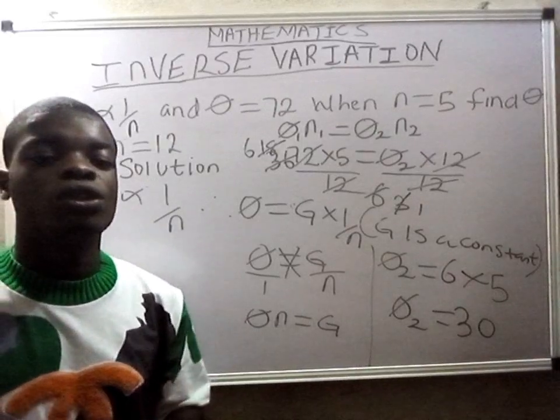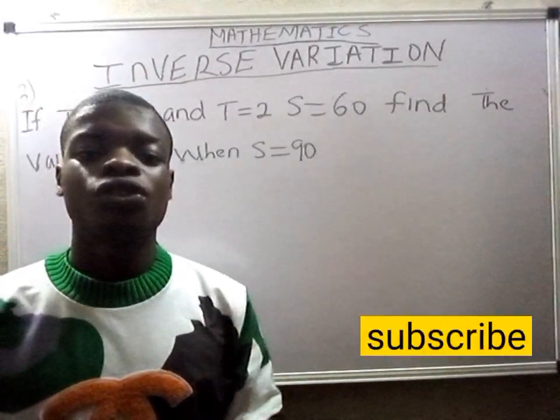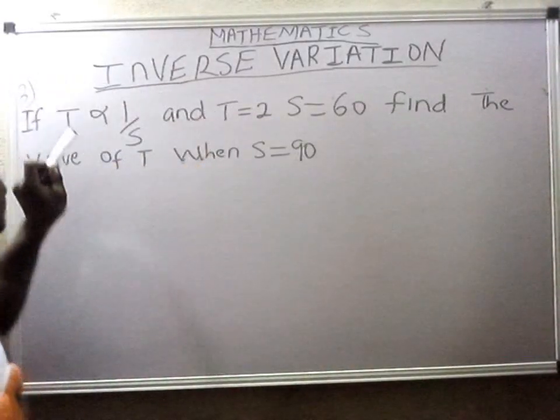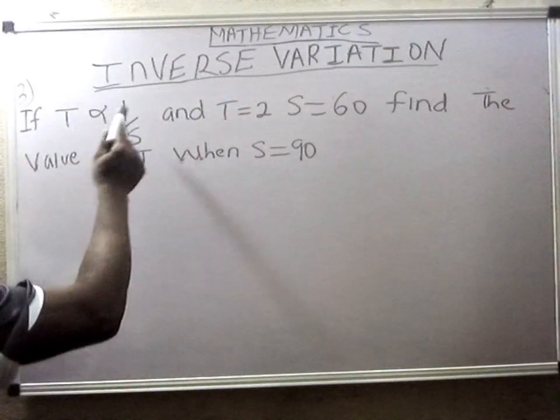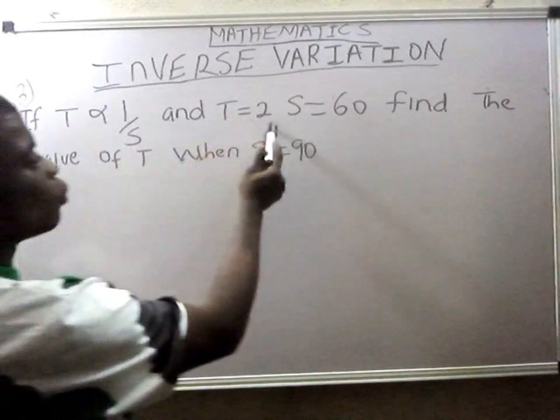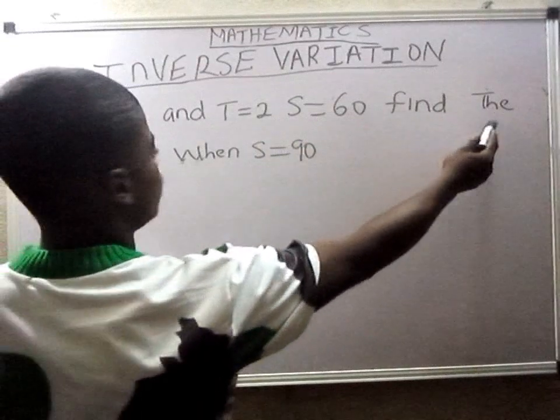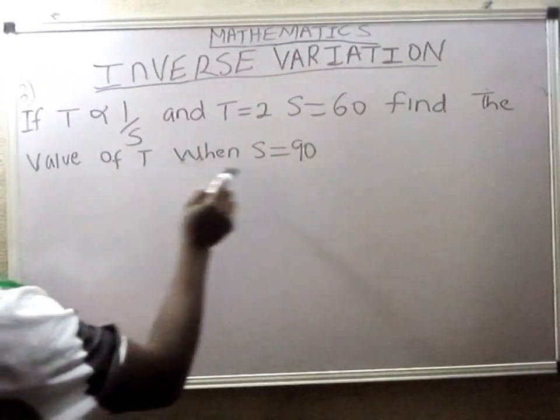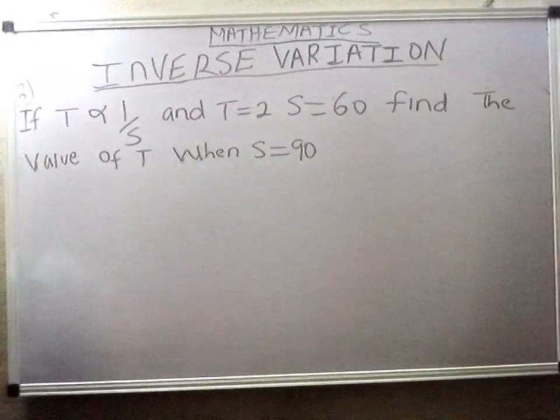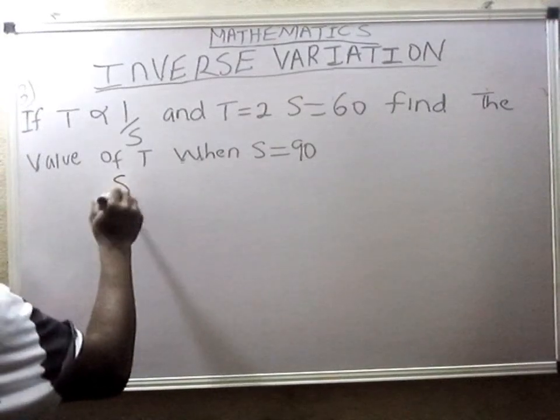Let's take question 3. So if t varies inversely with s and t equals 2 when s equals 60, find the value of t when s equals 90. So let's set our solution.